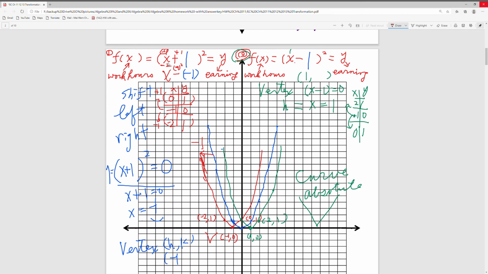And when x minus 1, h is +1, and this graph is pushed to the right-hand side 1 step. So after you find h, when h is +1, it's going to the right-hand side. When h is -1, then it's going left. We say shift.